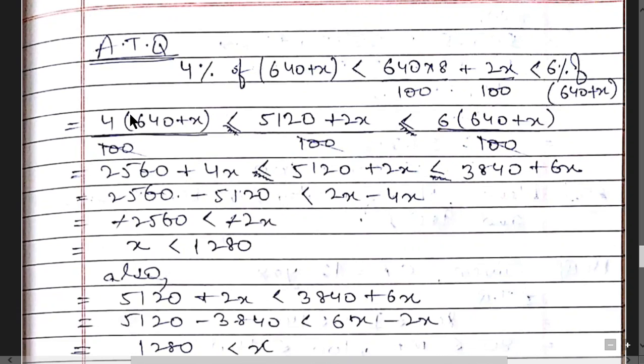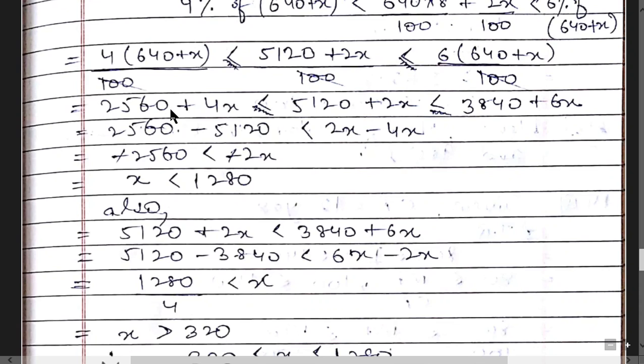Now calculate these values. On the left hand side, or in the first part, you can write 4 over 100 into 640 plus x, and the inside term you can write 5120 plus 2x divided by 100, and on the extreme right you can write 6 into 640 plus x divided by 100. You can cancel 100 in all the three terms.